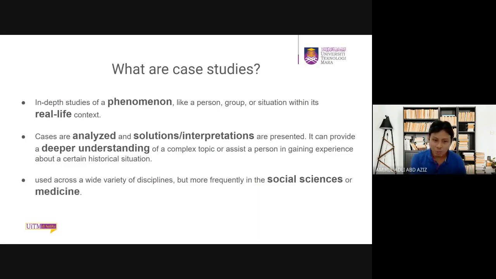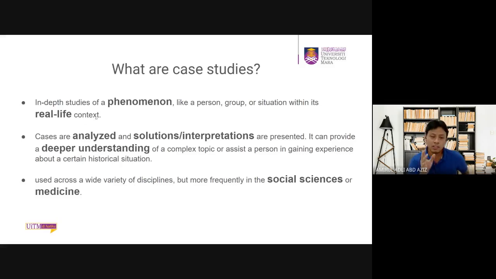So they buka balik buku and then they try to study the cases again, involving probably more respondents ataupun the right people to help with the cases. Itu contoh. And it has to be real life because it involves people. Okay, so all these cases are analyzed and solutions and interpretations are presented.